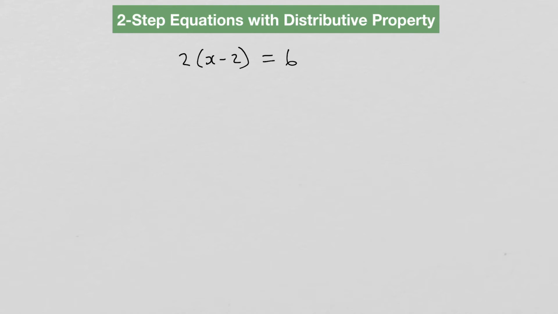Actually, let's undo this. Let's add 2 and make that equal 6. This is a two-step equation with distributive property, because the first thing we need to do is to distribute this 2 across this quantity. We can't do anything with it until after we distribute.